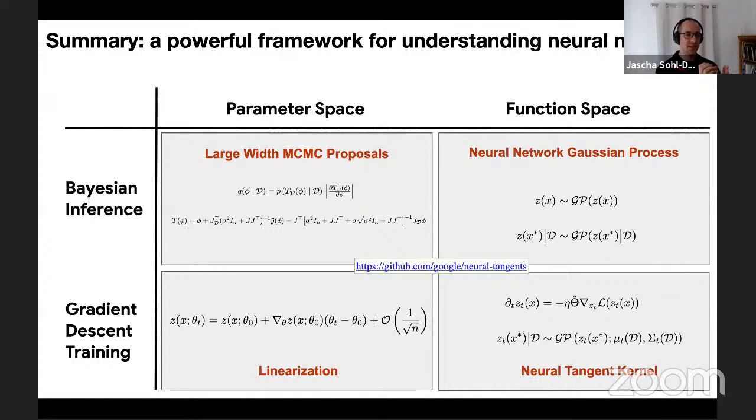If you set t equals 0, then you get the NMGP. If you set t equals infinity, then you get something driven by the NTK. And for t between those two, you get some mixture of the two. But it is definitely true that the neural tangent kernel describes the evolution in function space of neural networks with gradient descent training.